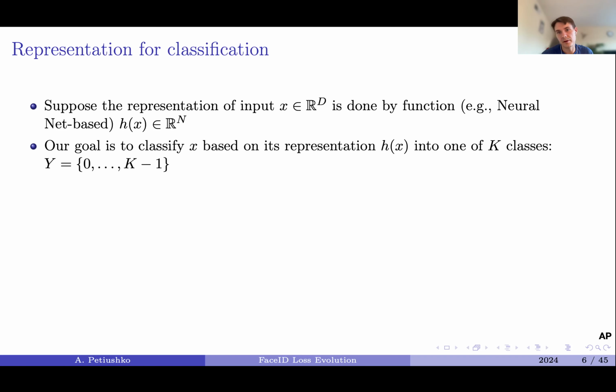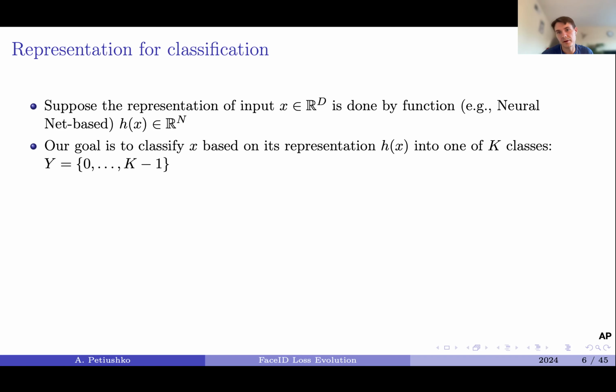And logits are usually defined by a simple formula. L equals W times H plus b, where W is a projection matrix of size K by n, H is our representation, and b is some bias term, a vector from R^K.